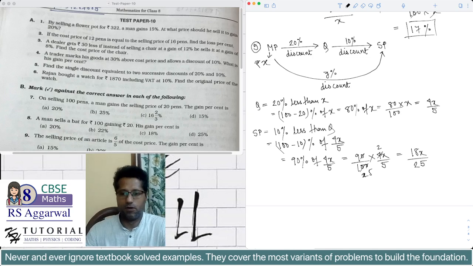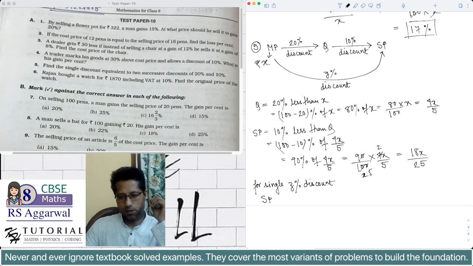Now we will see what is the selling price if there is a single discount given, which is Z% on the mark price. So for a single Z% discount, SP is equal to Z% less than the mark price.